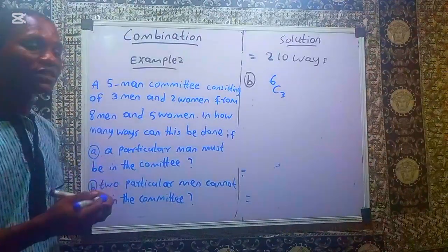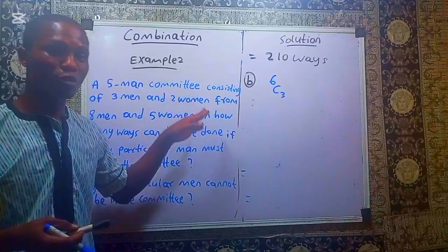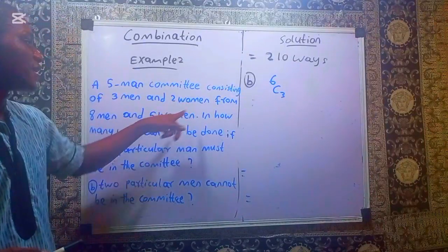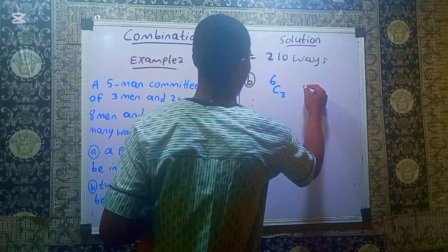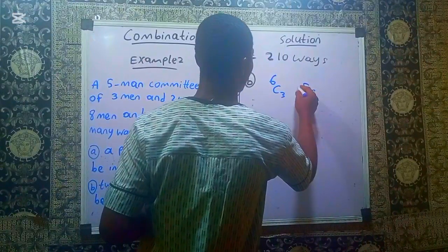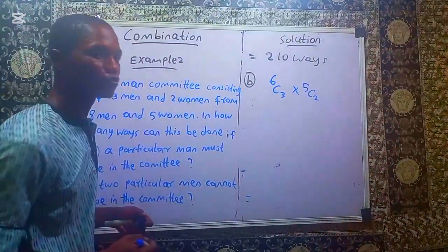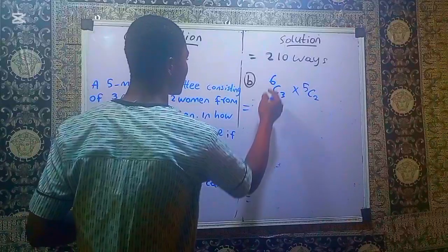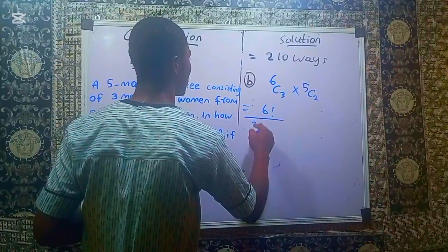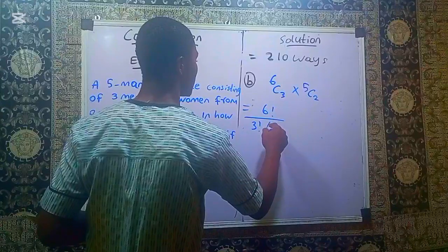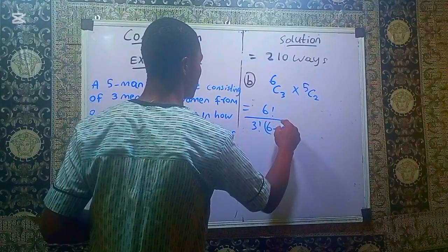Then in the committee, 2 women will be in the committee. So you have to select 2 women out of what? 5 women. So selecting 2 out of 5, just 5 combination 2. So these 2 results you have to do what? Multiply. So expanding 6 combination 3 is like 6 factorial, all divided by 3 factorial, then 6 minus 3 factorial.